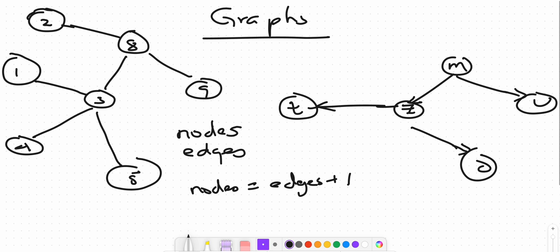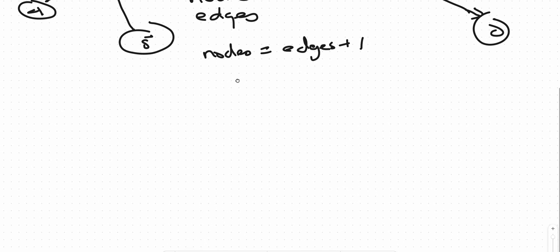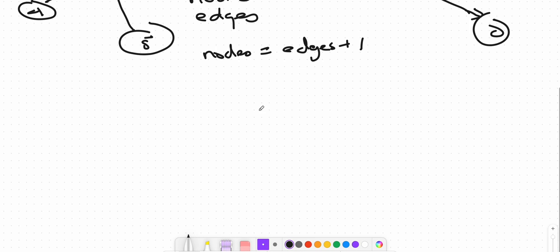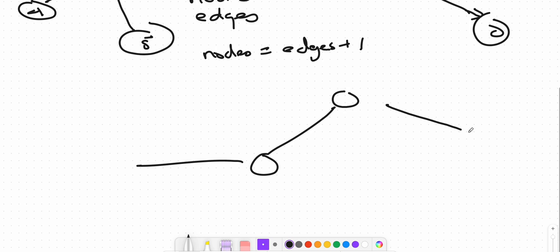Another type of data structure is the weighted data structure, right? And here I'm setting up a data structure like this. Say Accra to Tema, Accra to Nsawam, Tema to Kumasi, if I say 50 miles, right?